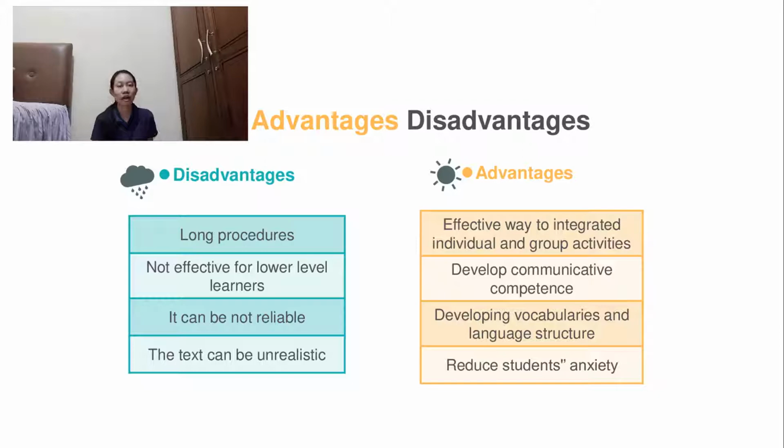The third advantage is that it helps students in promoting vocabularies and language structure, because they consciously learn how to construct sentences and grammatical rules in writing their sentences after they hear them.